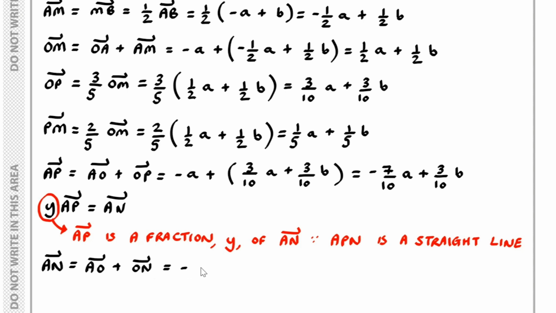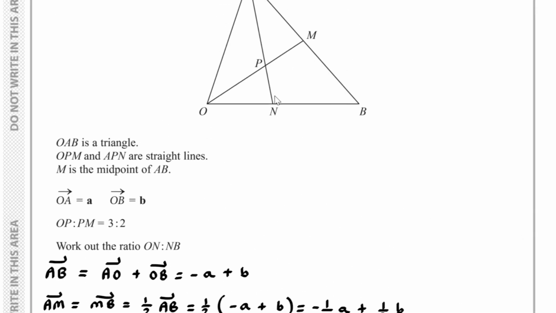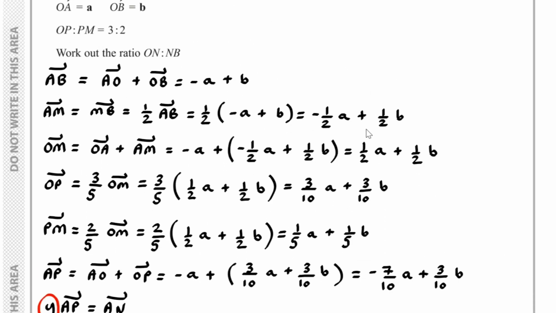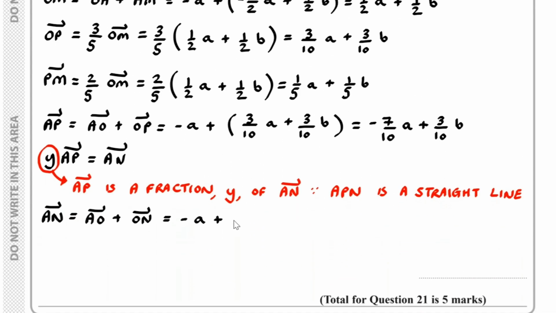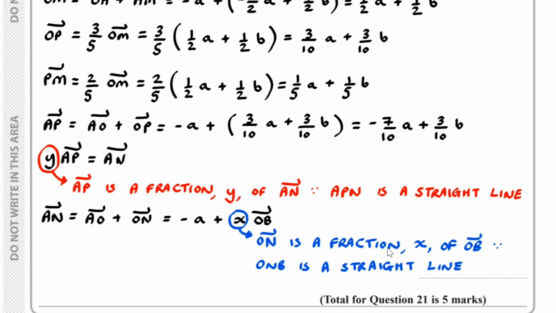So I've got AO, which is minus A, but now ON will be a fraction of OB. So I've got here x times by OB. So what does this x represent? Well, ON is a fraction x of OB, and that's because ONB is a straight line.